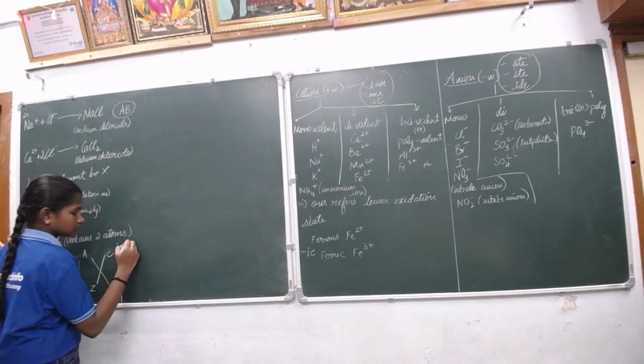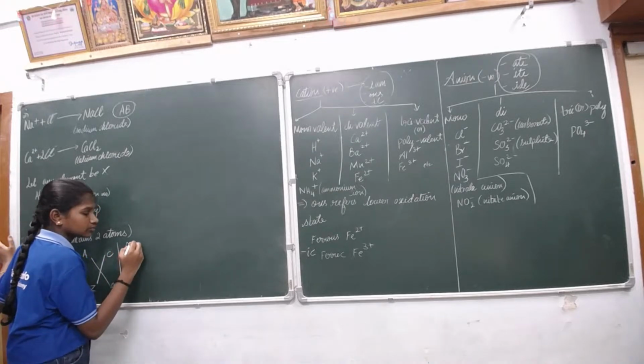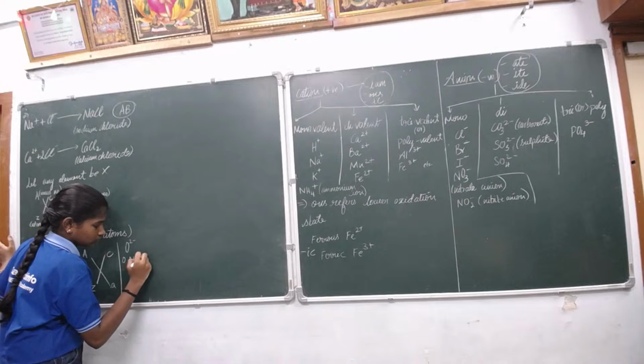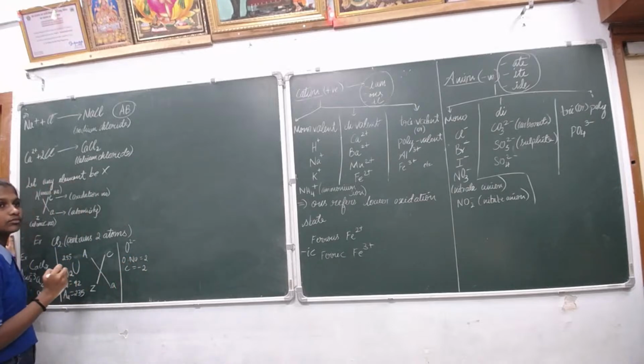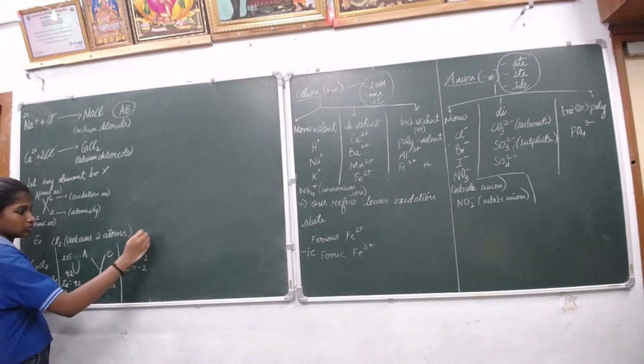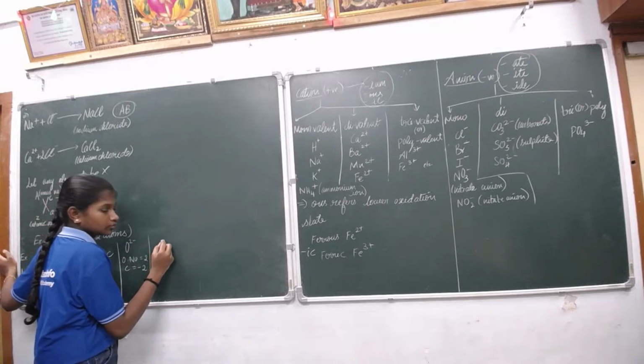So you have to put oxidation number as -2. Its charge is -2. Is it clear? Now, what is the atomicity of oxygen in an oxygen molecule? 2. I hope now you should be able to understand these points.